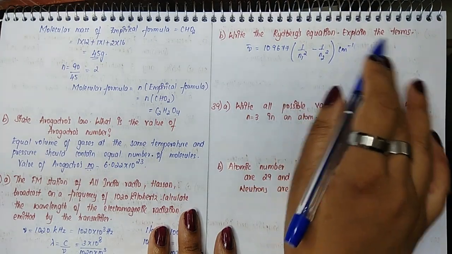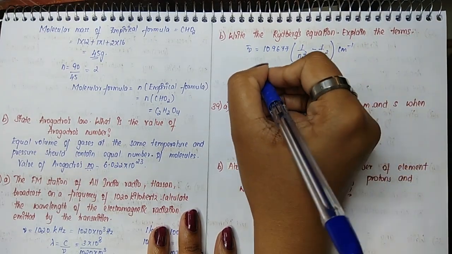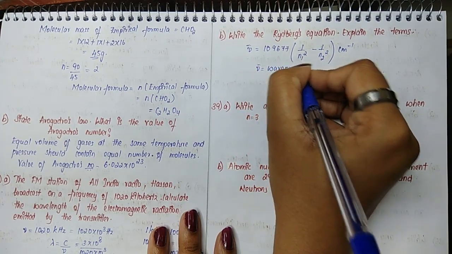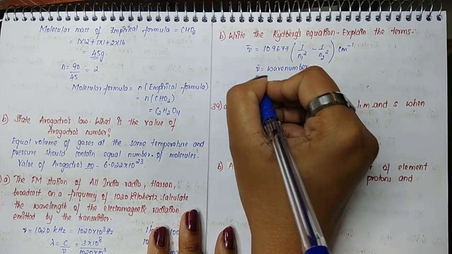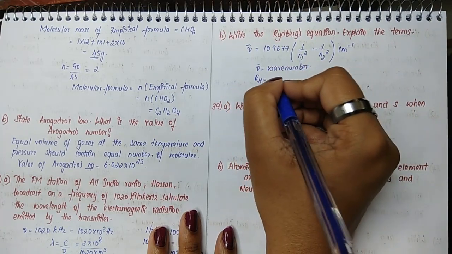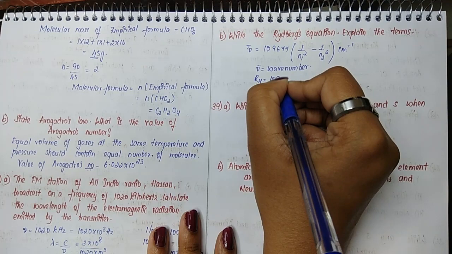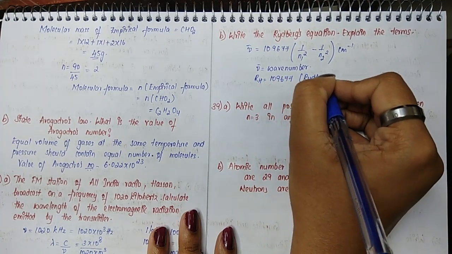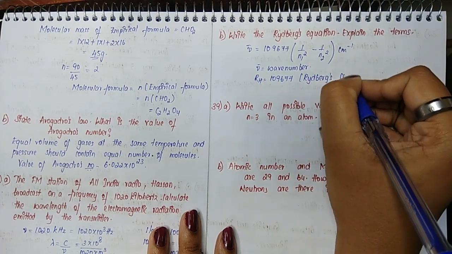Now in this, they've clearly told to explain the terms. So nu bar is wave number, RH, which is nothing but the Rydberg's constant, is 109677, which is the Rydberg's constant.